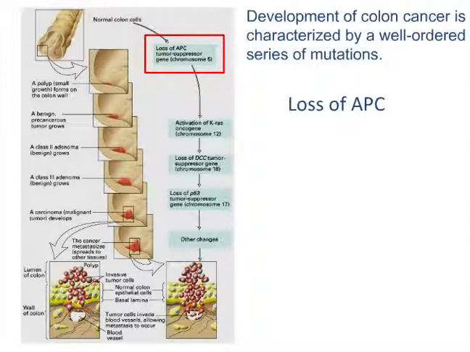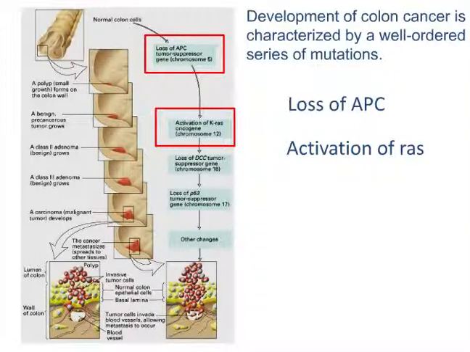Loss of APC leads to the development of small polyps on the colon wall. These polyps are easily identified by colonoscopies and easily removed and prevent the formation of colon cancers.